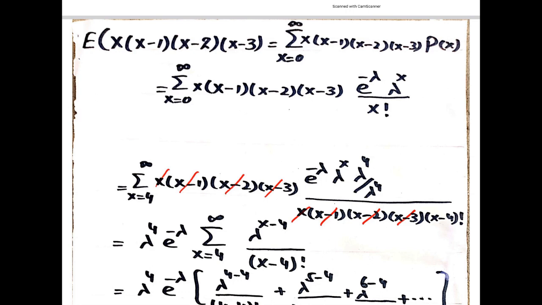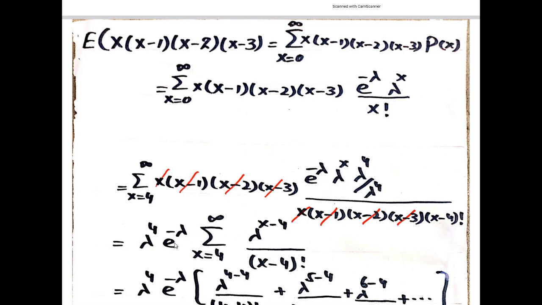So we expand our factorial up to 4 terms, x(x-1)(x-2)(x-3) and (x-4) factorial. We multiply and divide the term with lambda^4. So cut these values in the denominator with the numerator terms and take lambda^4 outside the summation sign.